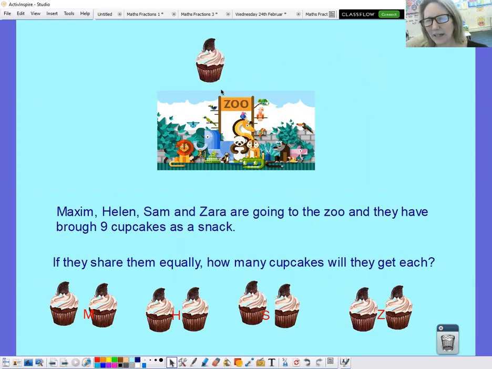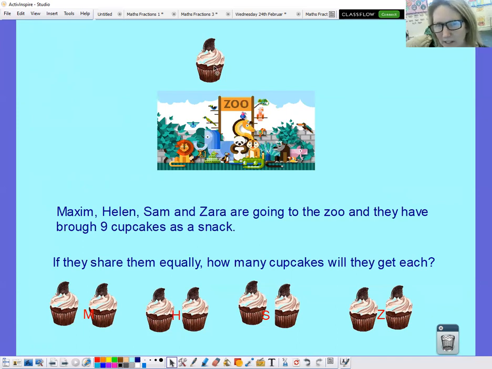How many cupcakes have we got left? Well done, Year 2, we've got 1. So once again, similarly to the last question, we've got 4 children and just 1 cupcake. How many equal pieces are we going to divide the cupcake into?